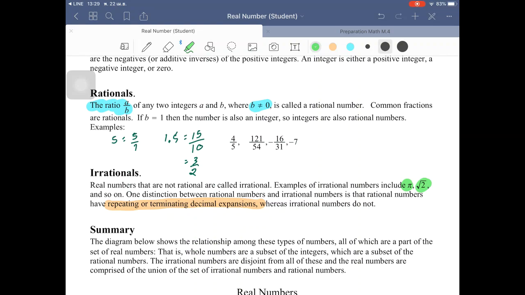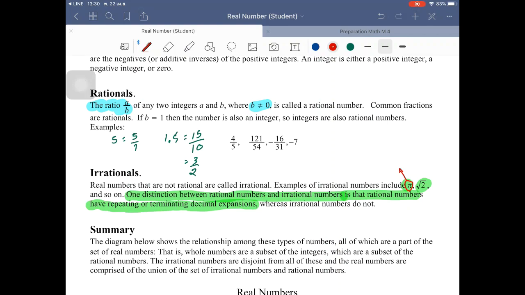One distinction between rational and irrational numbers is that rational numbers have repeating or terminating decimal expansions, whereas irrational numbers do not. Why? Because the value of pi is not a terminating decimal.